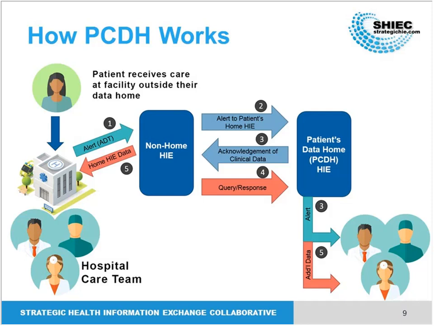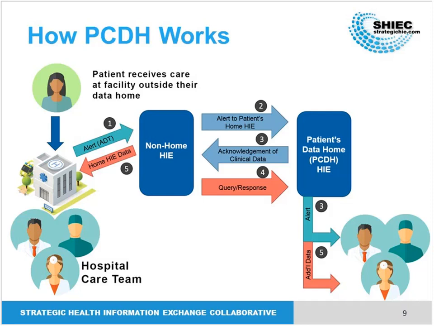Now, at the end of the visit, when the patient goes back home to their home HIE, the non-home HIE, because we know where they're from and we now have that patient identifier from their home HIE, can bundle up a CCDA or other clinical record and forward that back to their home HIE, so they can have the benefit of that summary of care that happened outside their market.